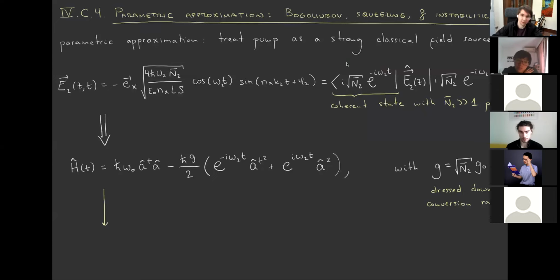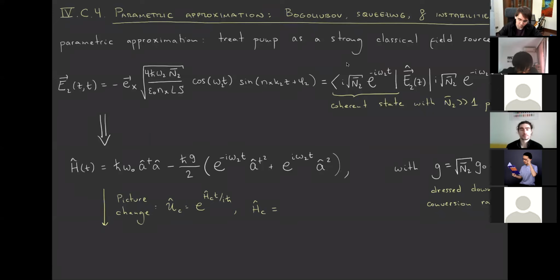So let me write the change of picture. We are doing a picture change defined as usual by a unitary transformation that is just defined by some kind of Hermitian operator HC. And in our case, HC will be the following.